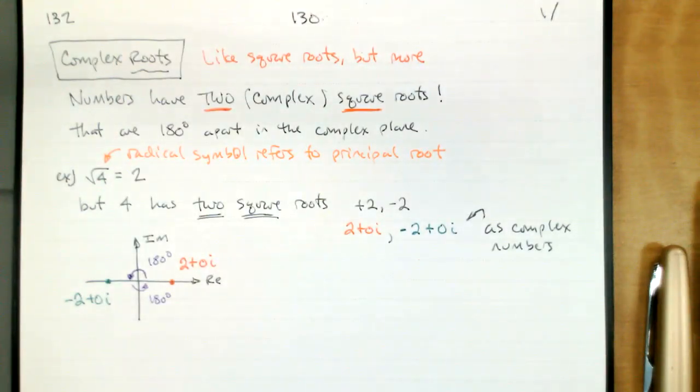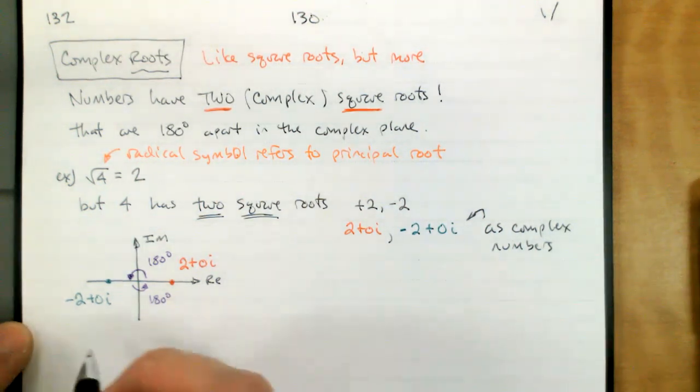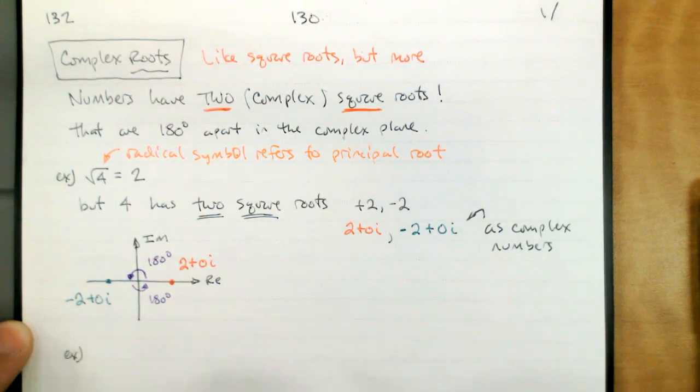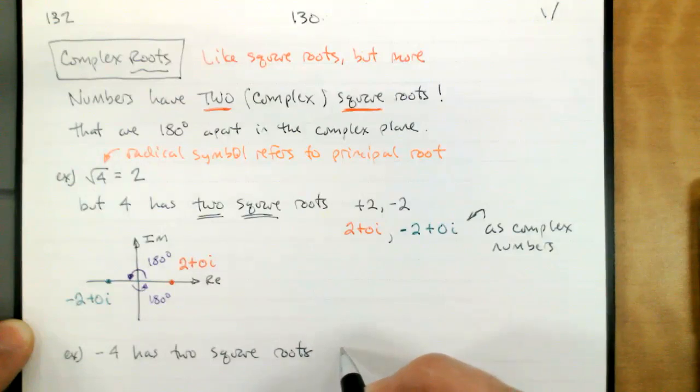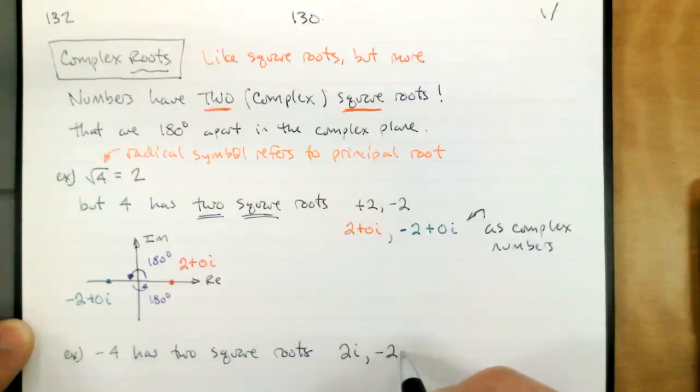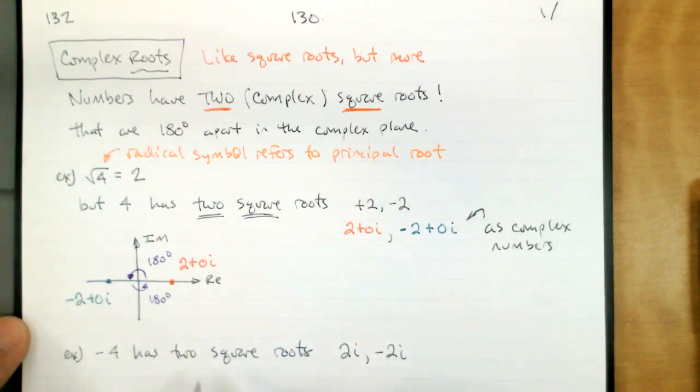Every number has two square roots. Since we have complex number technology, we could say that negative 4 also has two square roots: 2i and minus 2i.